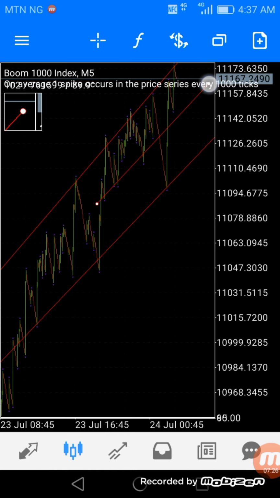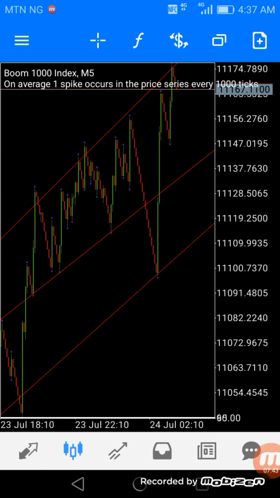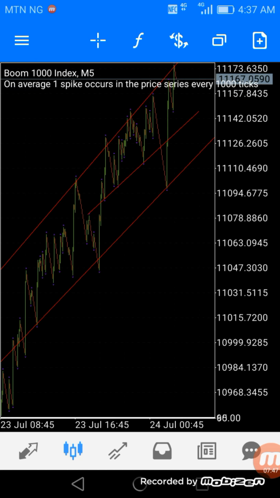Okay, I hope you can spot something, guys. Now this is a kind of move within this trend line, within the bigger trend line, the bigger picture of the market.